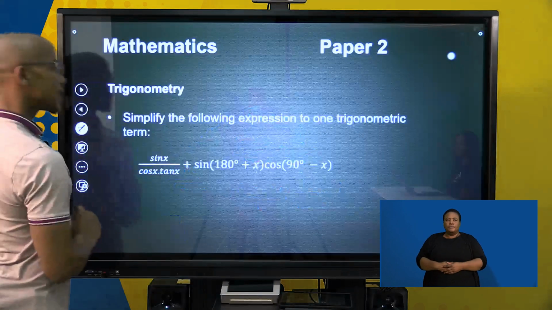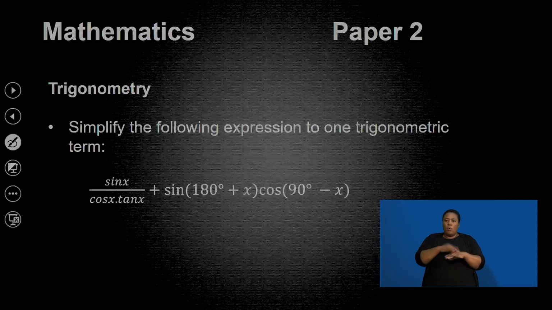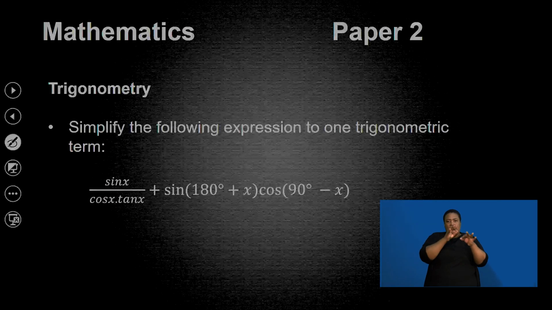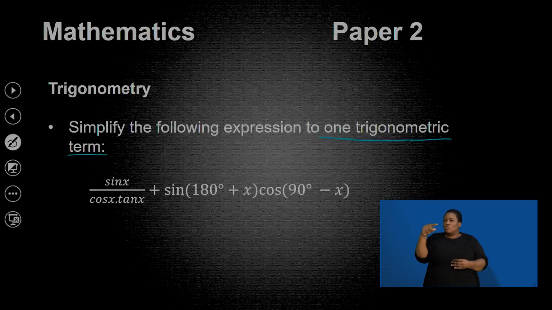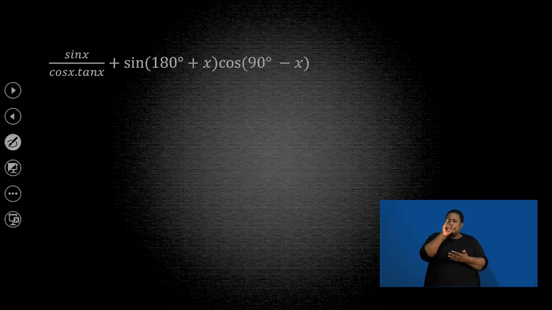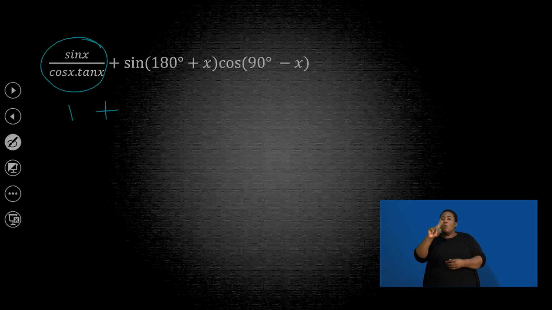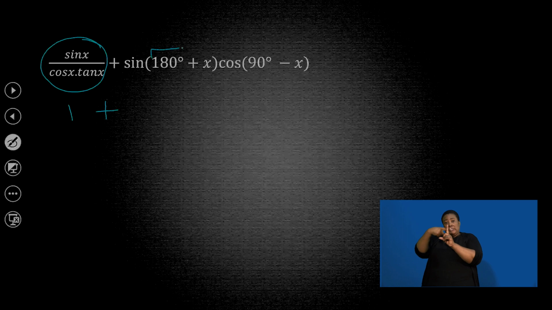Now, let's apply this to a bigger question. It says, simplify the following expression into one trigonometric term. Your trigonometric term can be sine, cos, or tan. Now, from the previous question that we did, we got that as 1. So I don't really need to look at that because we already know that it is equal to 1. And this will be plus. Firstly, I look at what 180 degrees plus means.